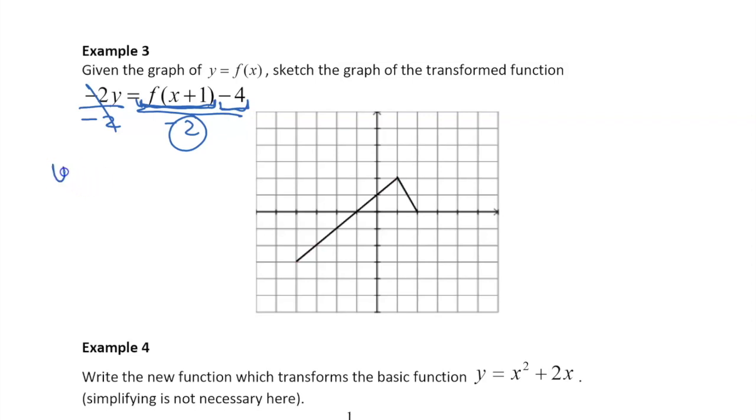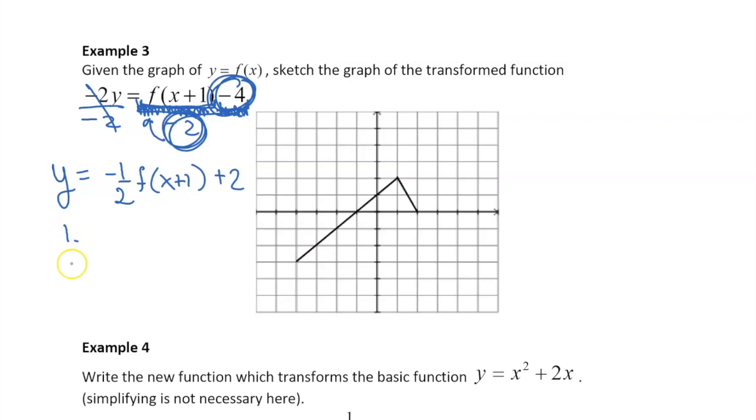So if we were to rewrite this, it would be y equals -1/2 f of x plus 1 minus, whoops, that's not going to be a 4. That's going to be -4 divided by -2. That's going to be a positive 2 right there. Okay, so that -2 acted on the f of x plus 1 and on the -4.